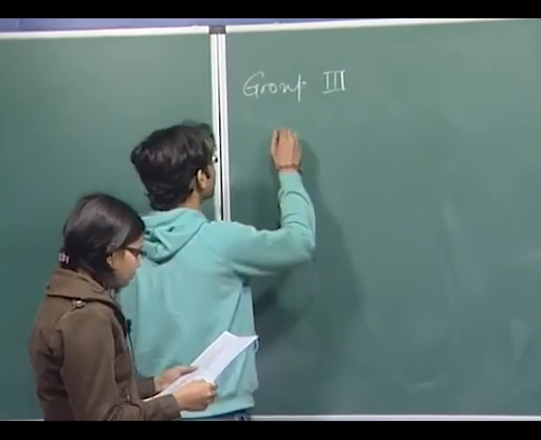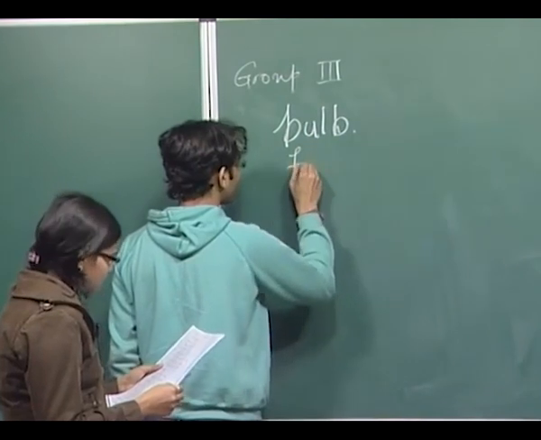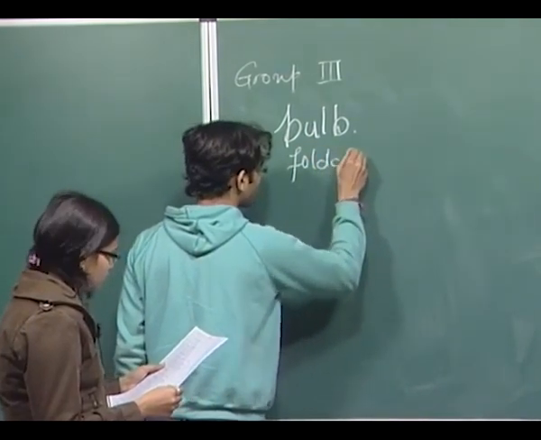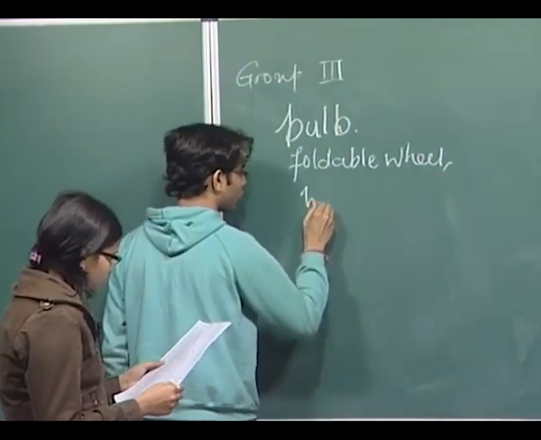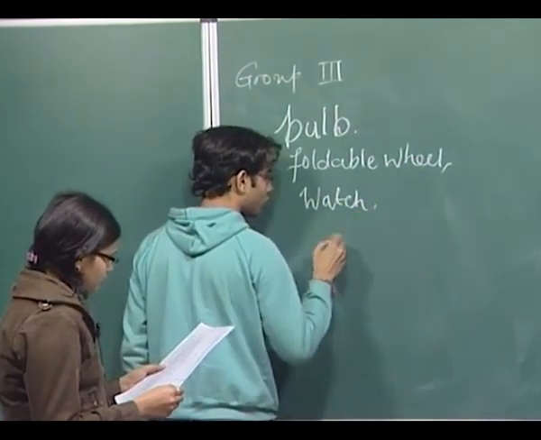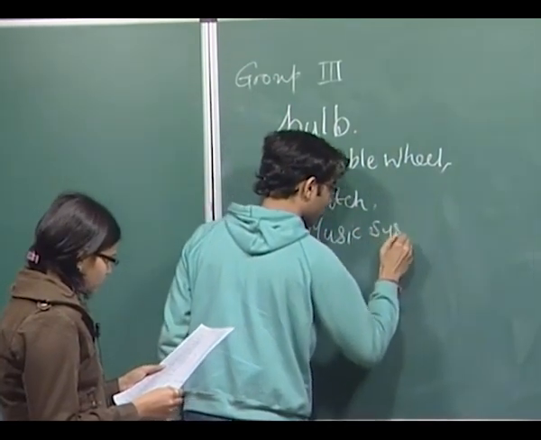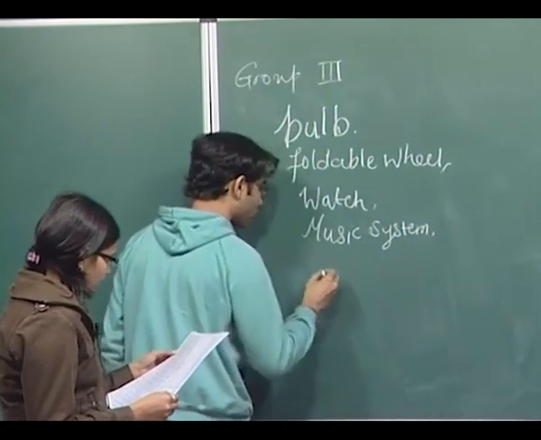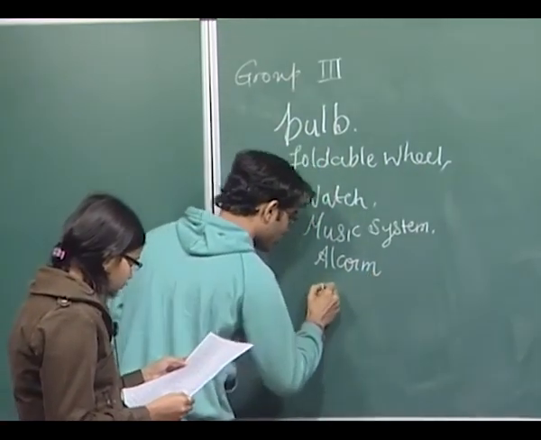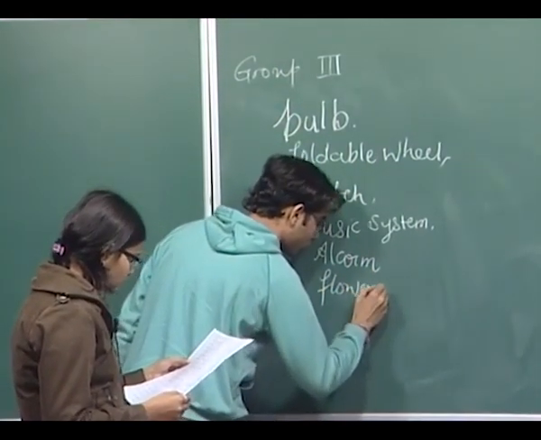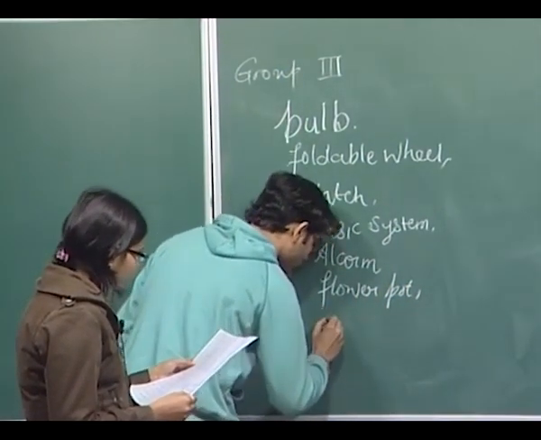That's it. Okay, number 1 is bulb, and number 2 is foldable wheels. Third one is watch. Fourth is music system. Fifth is alarm clock. Sixth, flower pot. Next is blinking of light in 1 hour.